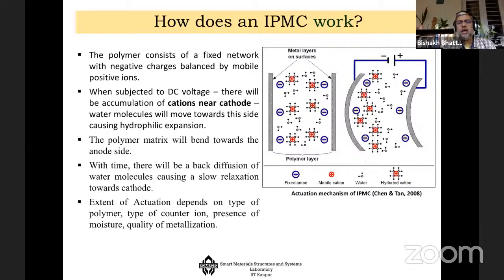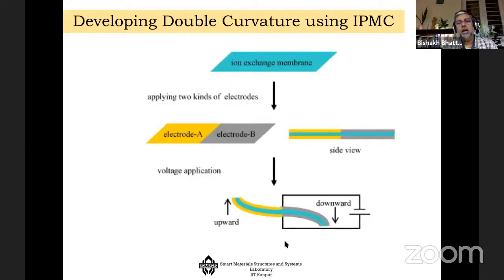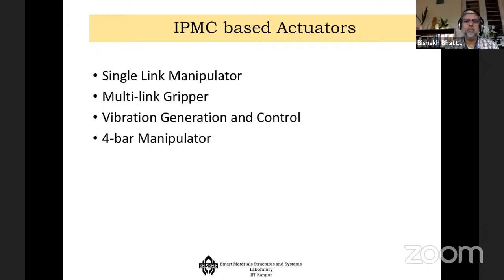As a result, it can deform by moving the cations and anions. You can deform it in a bidirectional way, so you can develop quite a large deformation in IPMCs. And by changing the electrode patterns, you can have both concave and convex deformation, so you can develop a double curvature in such a system.